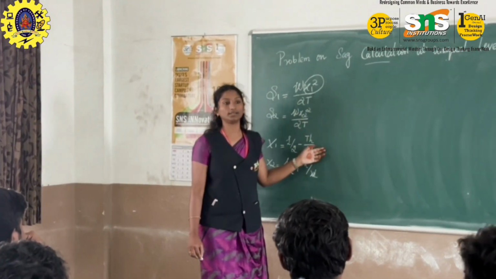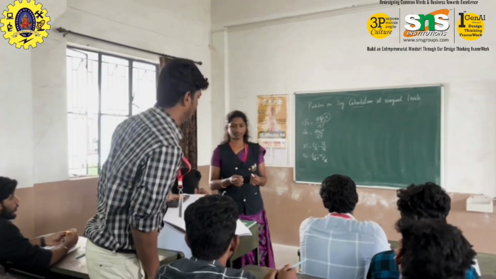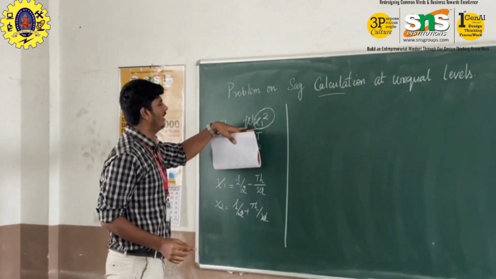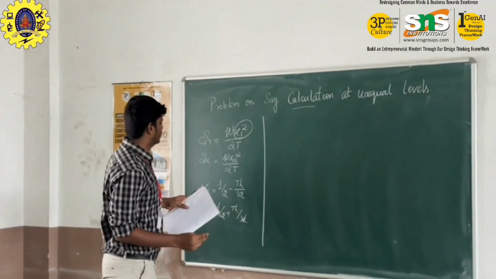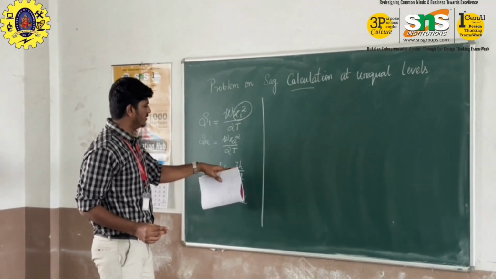Okay. So can anyone come and substitute? Yes. We know that for S1 we have weight and tension. We don't have the distance. For the distance formula, length divided by 2 minus tension into height.